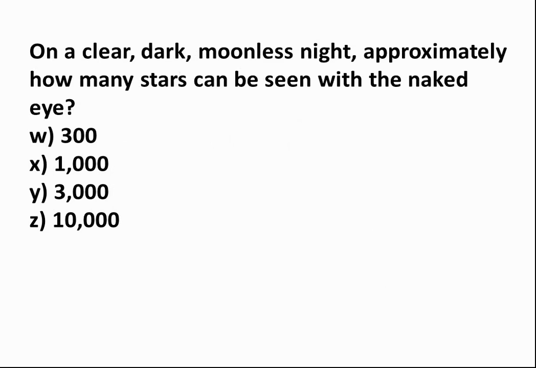On a clear, dark, moonless night, approximately how many stars can be seen with the naked eye? W. 300. X. 1000. Y. 3000. Z. 10,000. Answer: Y. 3000.